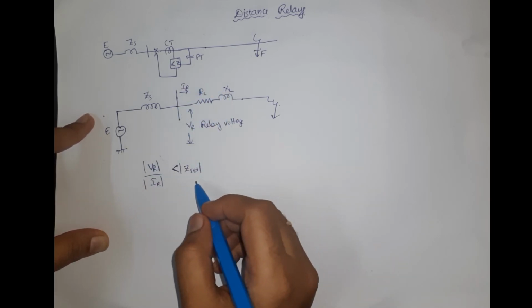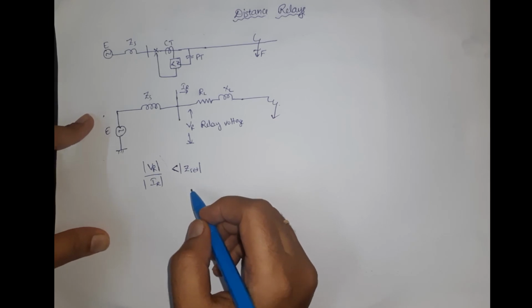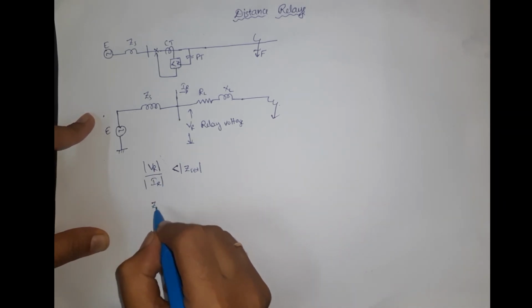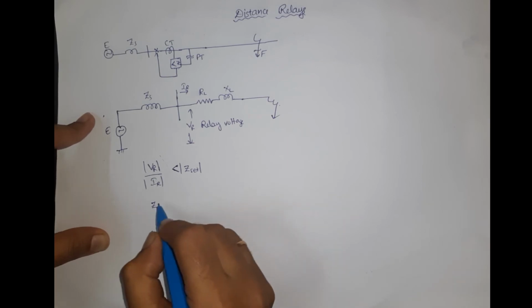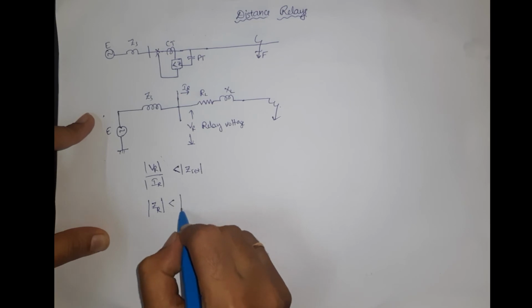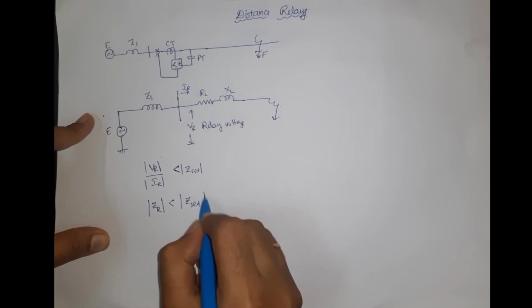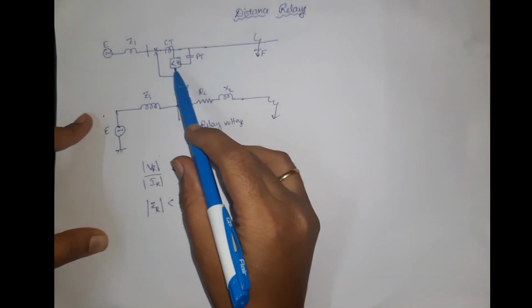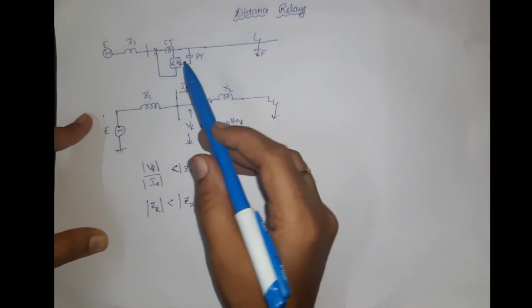So let us take VR by IR as ZR, which is nothing but the impedance detected by the relay, which must always be less than the Z set value, where Z set is the set value of the relay at which this relay should operate.